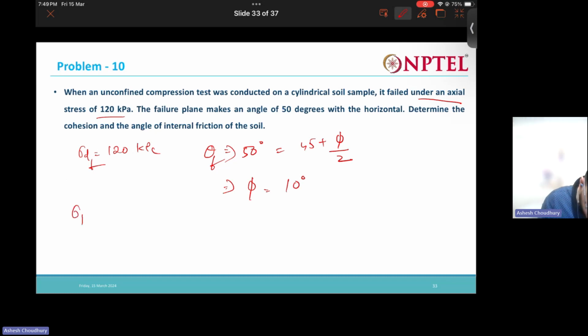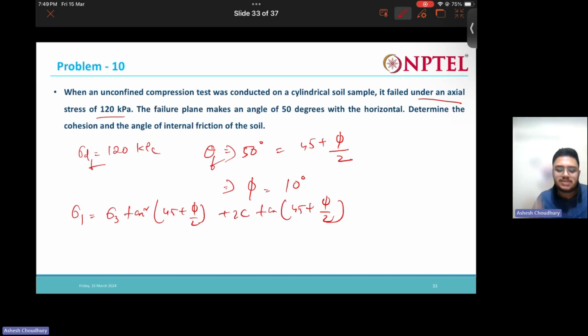Now in the UCS test, in the unconfined compressive test, there is no confining pressure, so sigma 3 is 0.